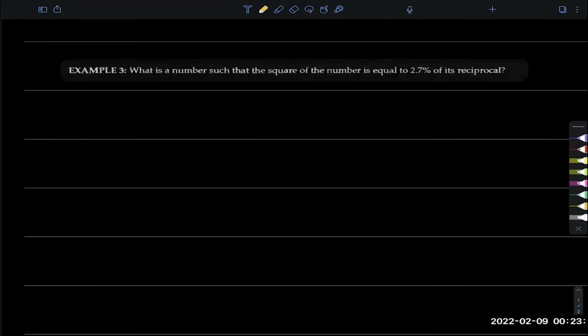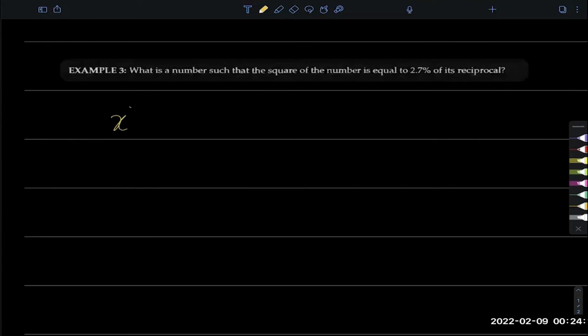Now, we can't use a calculator on this one. X squared equals 0.027x. Would that be it? I'm guessing.